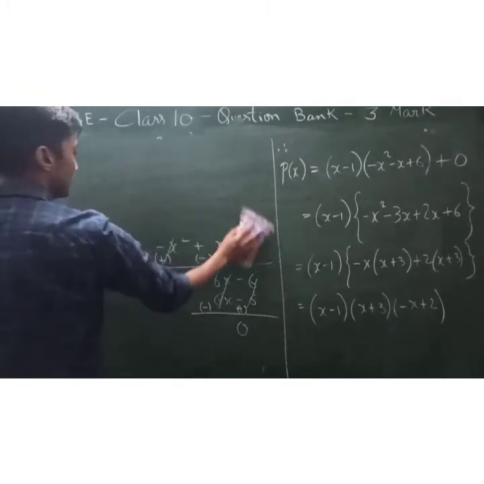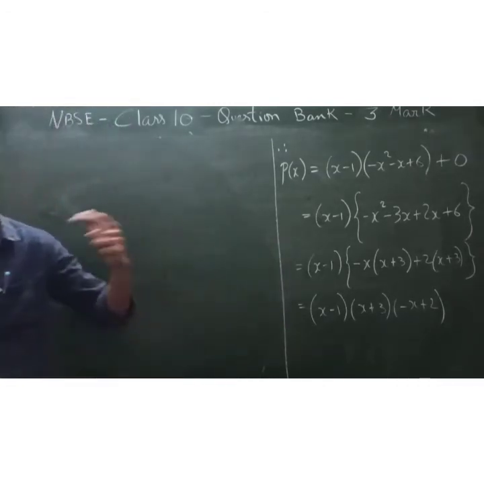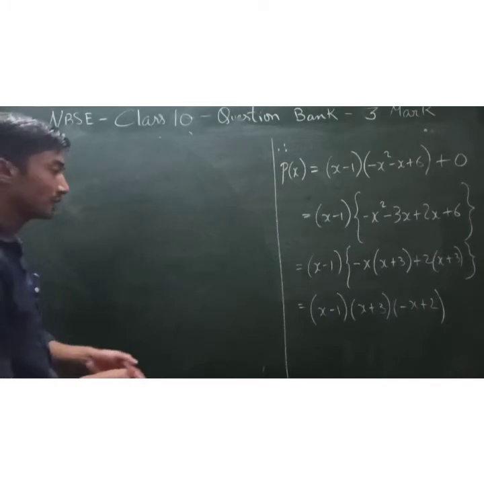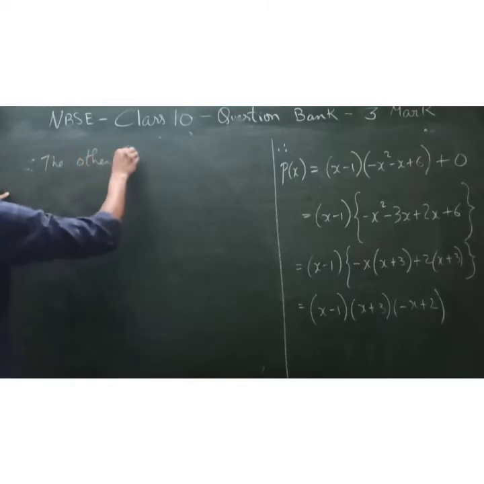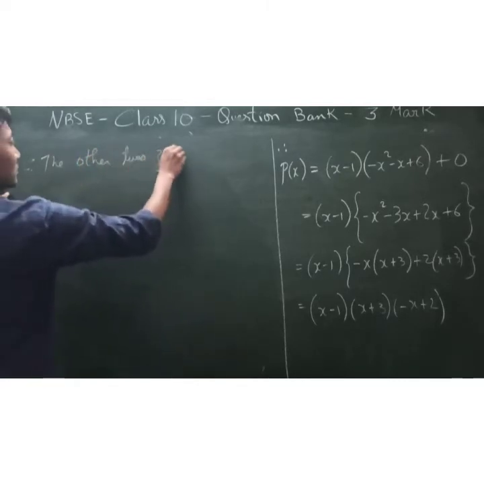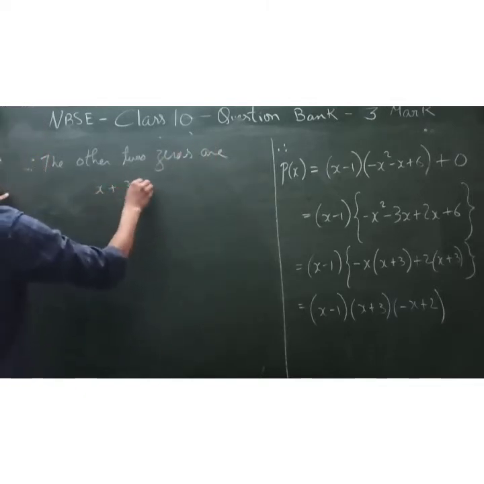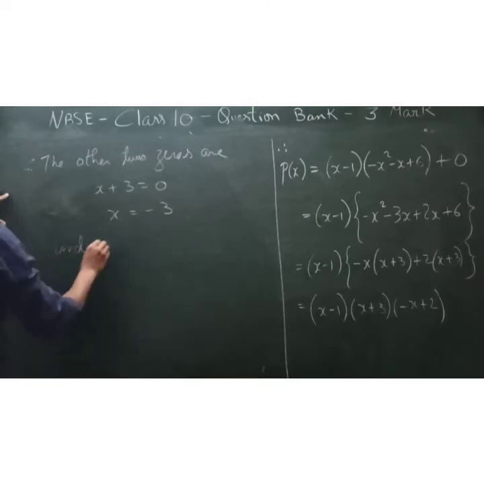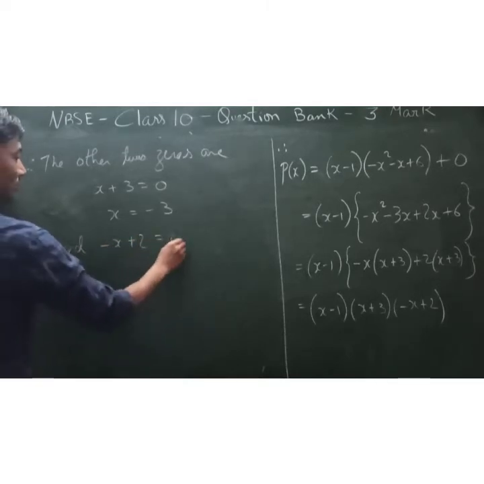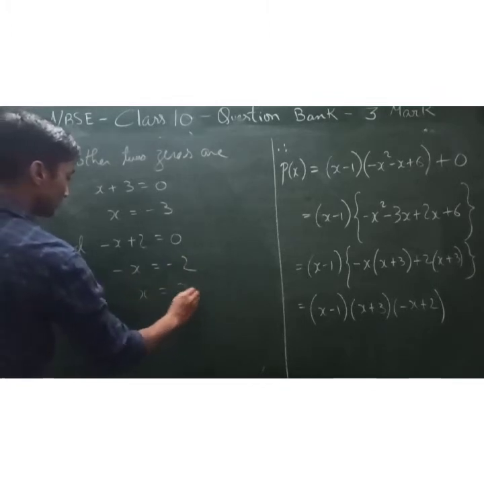So from the factors, as we have seen in the beginning of this question, we can get the zeros. From the zeros we can get the factors. From the factors we can get the zeros. So therefore the other two zeros are x plus 3 equal to 0, that is x equal to minus 3, and minus x plus 2 equal to 0, that is minus x is equal to minus 2, minus minus cancels, x equal to 2.